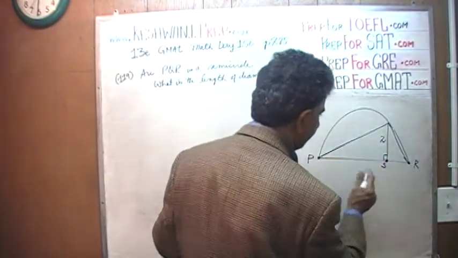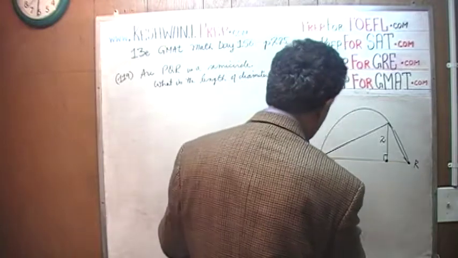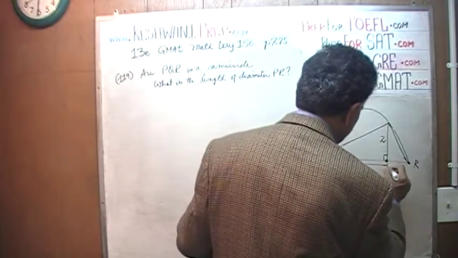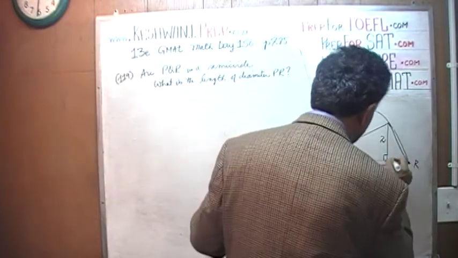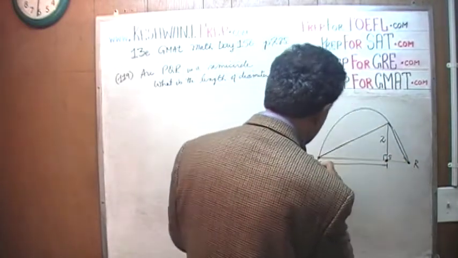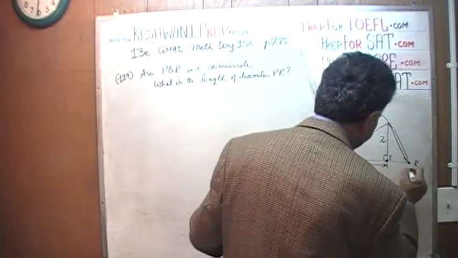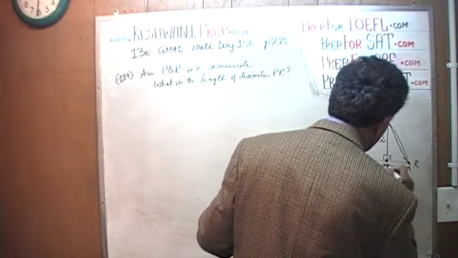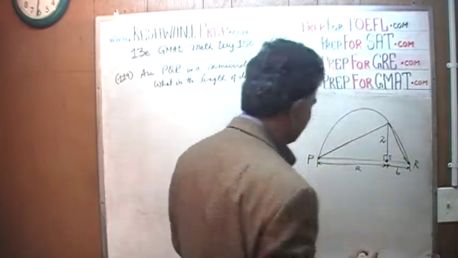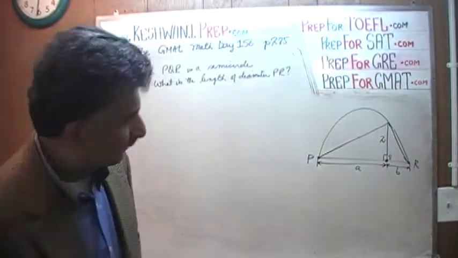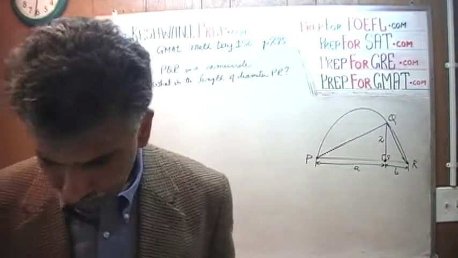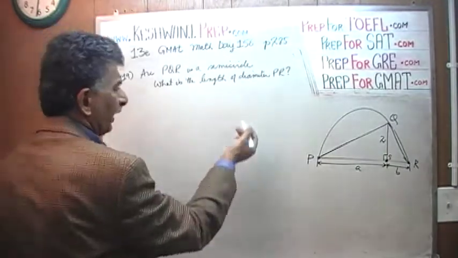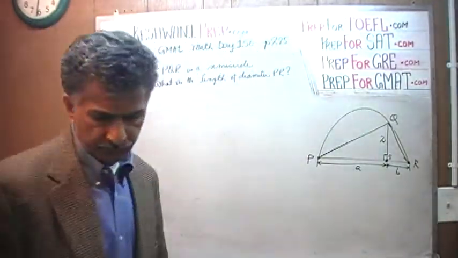Let's call it point S. We are told that this distance from P to S is A, and the distance from S to R is B. The question simply is, what is the length of the diameter P to R? That's all it is. Let's see what they tell us.